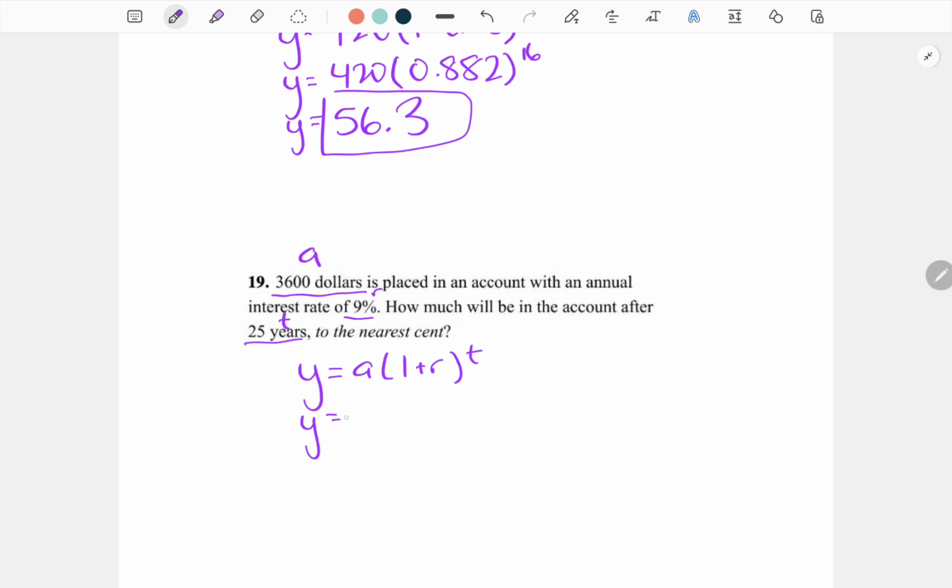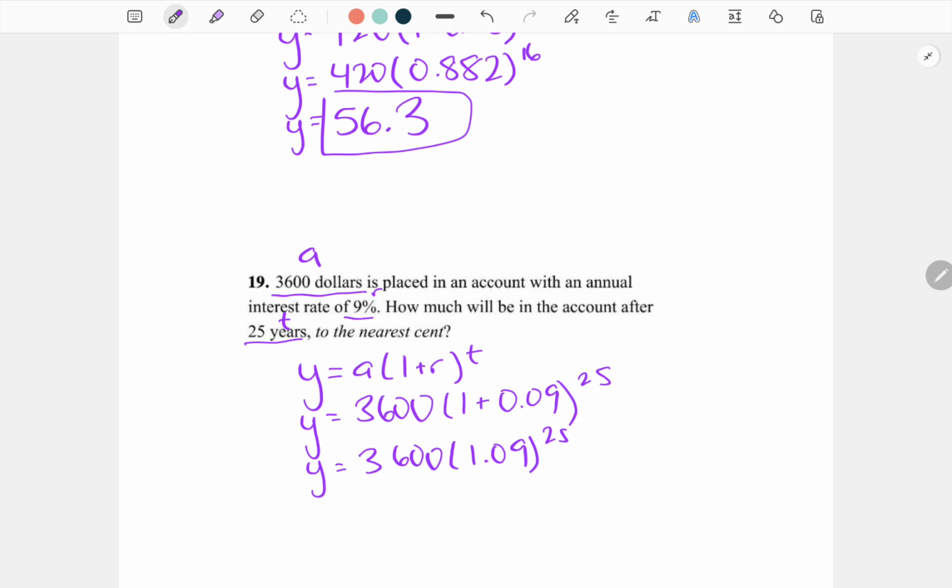So my initial amount, 3,600, goes for A. The rate of 9% needs to be 0.09, and my time is 25. I'm going to do the parentheses, 1 plus 0.09, oops, 1.09, there we go.